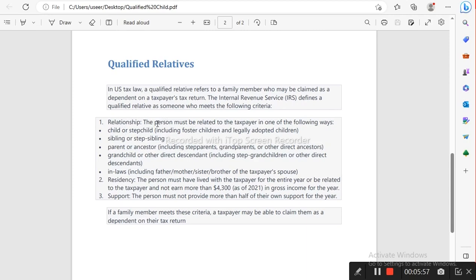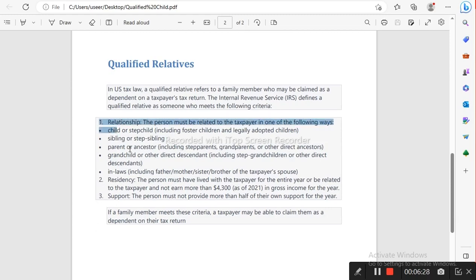The person you are claiming on your tax return as your dependent must be your child or stepchild, sibling or step sibling, parent or ancestor, grandchild or any other descendant, including step parents, grandparents or other direct ancestors, and in-laws including father-in-law, mother-in-law, sister-in-law, brother-in-law of the taxpayer's spouse.